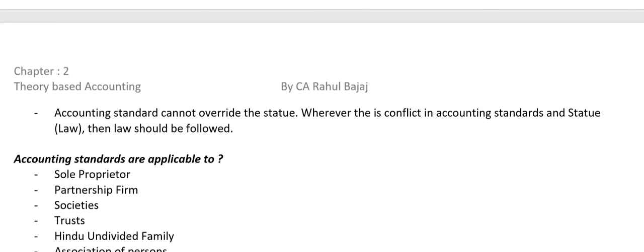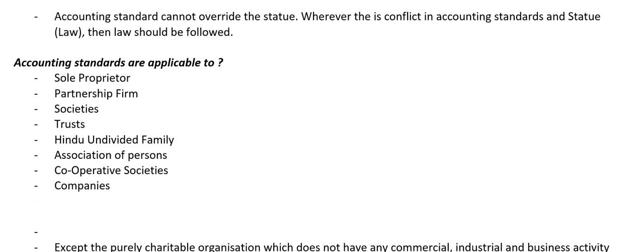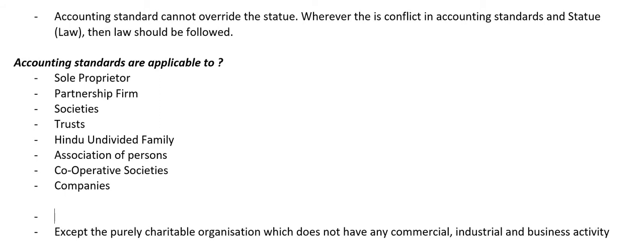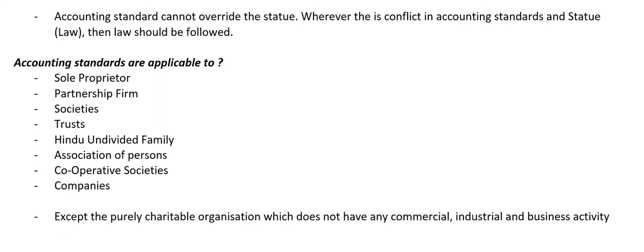Then you will ask, to whom is this accounting standard applicable? Accounting standard is applicable to sole proprietor, partnership, societies, trust, Hindu undivided family, association of persons, cooperative societies, except a charitable organization which purely does not have commercial, industrial or business activity, for which accounting standards are not applicable. Then you will ask whether all accounting standards will be applicable to these people.